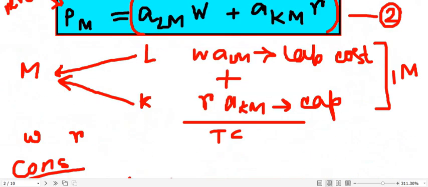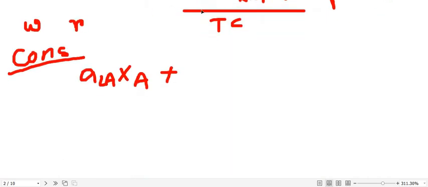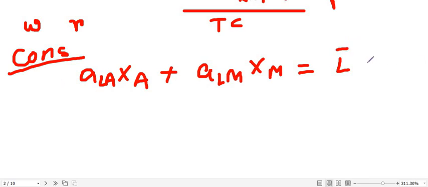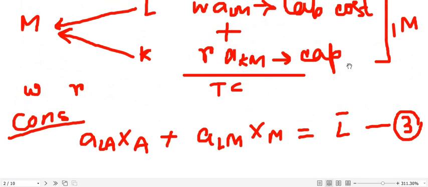So we can write ALA XA plus ALM XM, the 2 arrows leaving the box, has to be equal to L bar. That is the third equation. The first equation was the production side of the agricultural sector, the second the production side of the manufacturing sector, and the third is the balancing condition for the labor market.